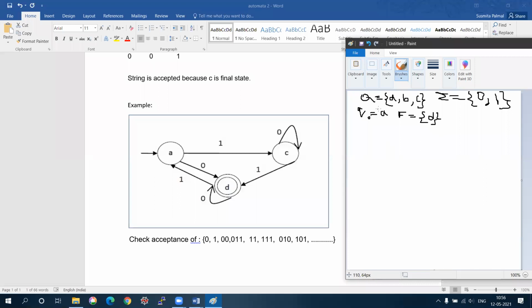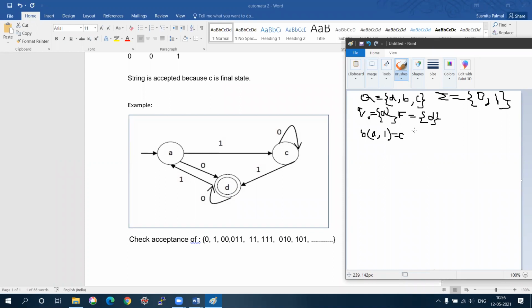What transitions exist here? Delta of the initial state, giving input 1, goes to state C.